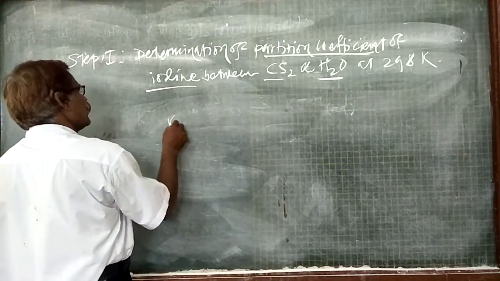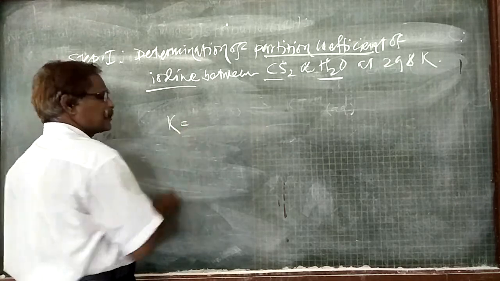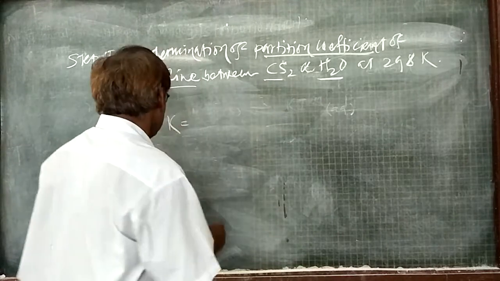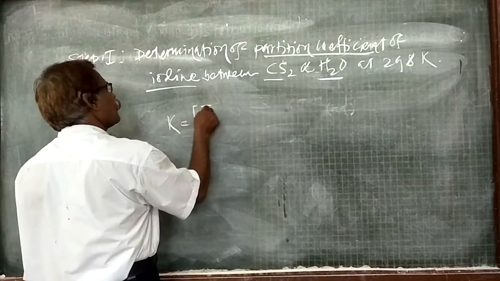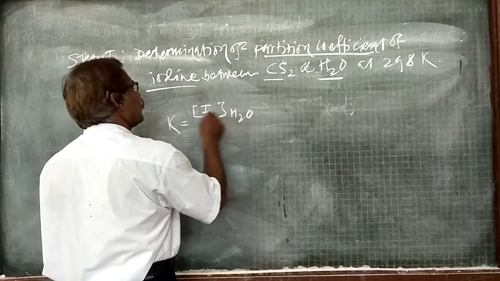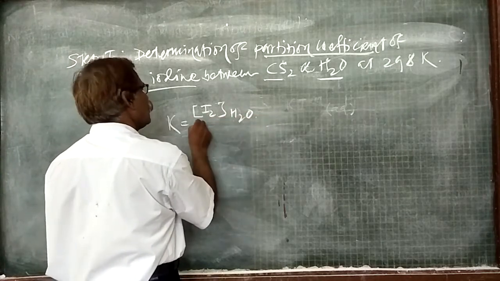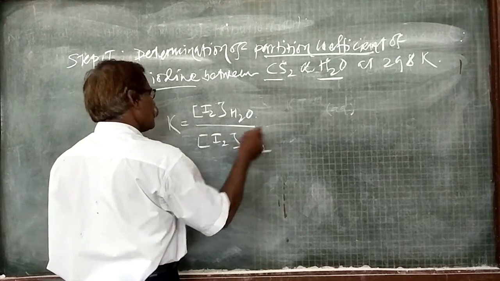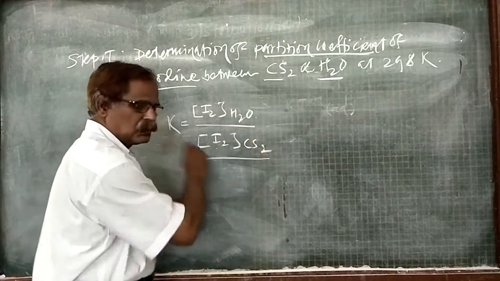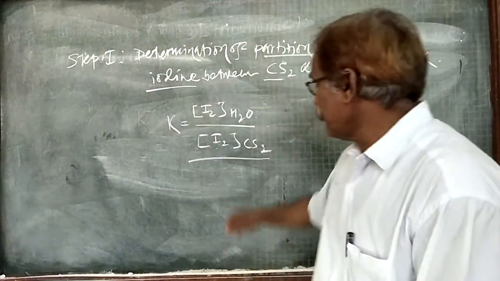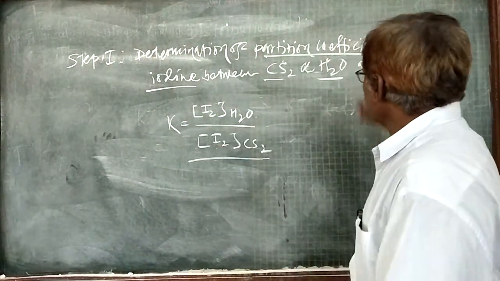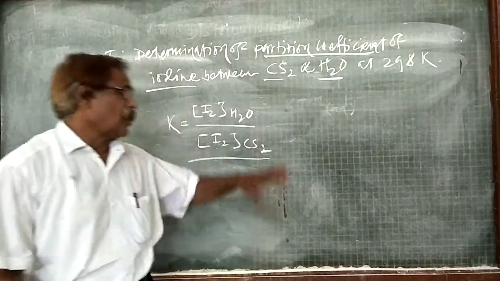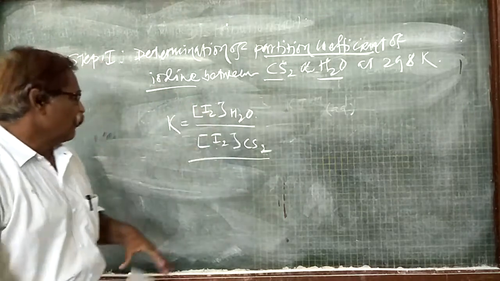So let us suppose K represents the partition coefficient of iodine between water and carbon disulfide, and the concentration of iodine in water is I2 in H2O, and the concentration of iodine in CS2 is I2 in CS2.